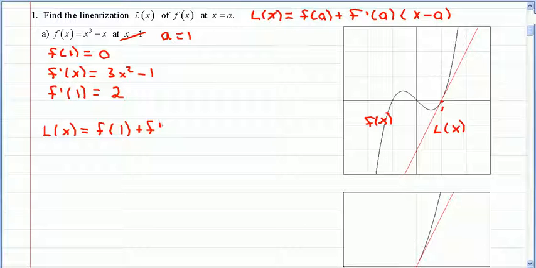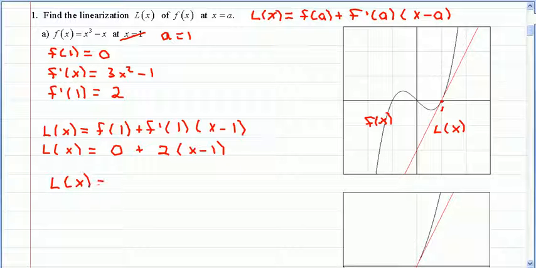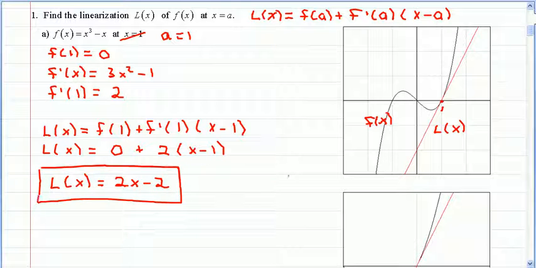Then plus f prime of 1 times x minus 1. f of 1 is equal to 0. f prime of 1 is equal to 2. If I simplify this, the equation is 2x minus 2. So the equation of the tangent line is 2x minus 2.